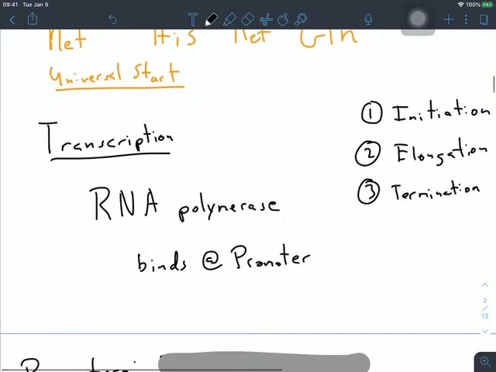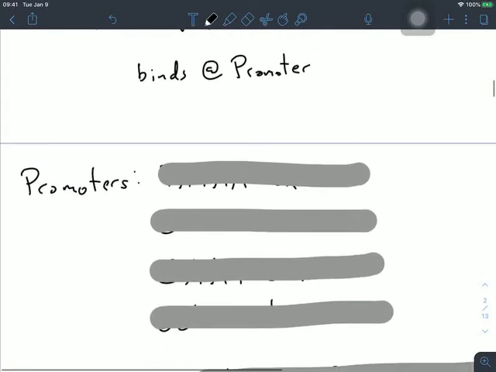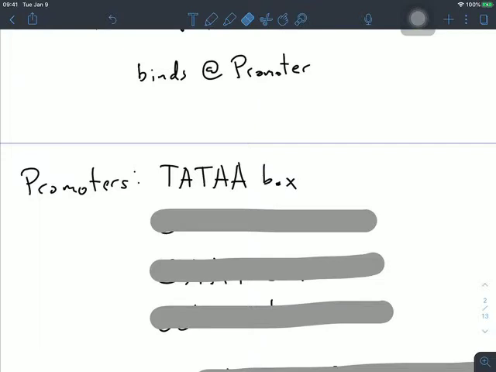Some of those sequences that do a good job recruiting RNA polymerase, some of our common eukaryotic promoters, are things like a TATA box. Very cleverly named because it is a repeat of the nucleotides TA, TAA, TA, TAA. As it turns out, that's the pattern, the motif that RNA polymerase is looking for when trying to begin initiation. We also have other promoters, like the GC-rich box.